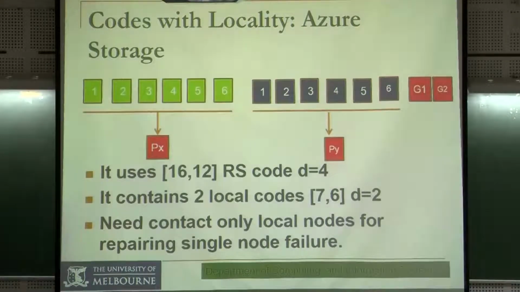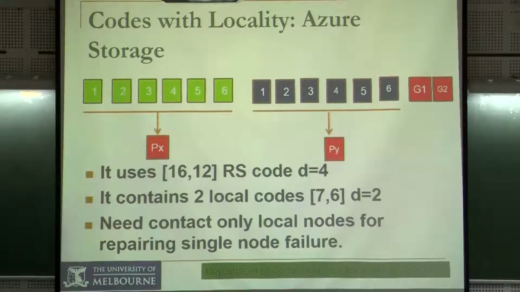The other one is called codes with locality, and this was used in the case of Azure. The main idea here is that, let's say we have a 16-12 Reed Solomon code, where the sub-symbols in the Reed Solomon code are themselves another Reed Solomon code.